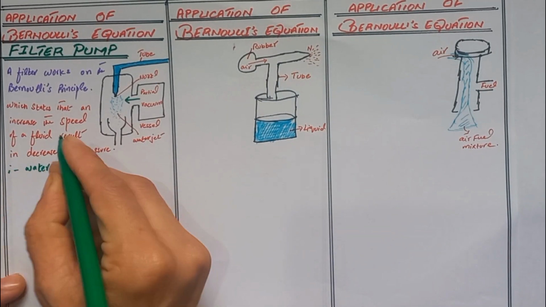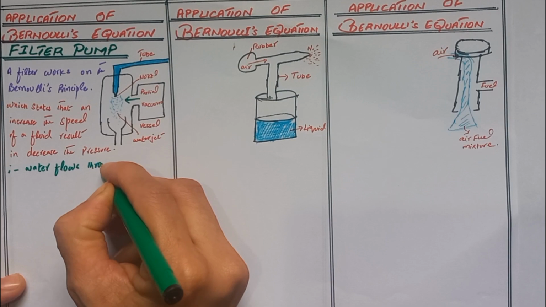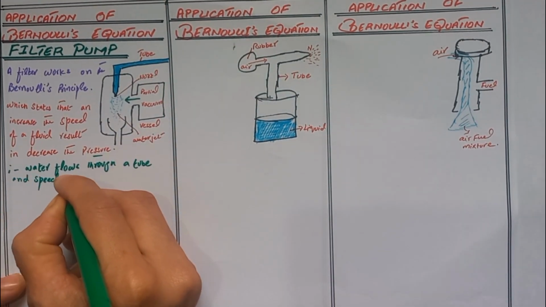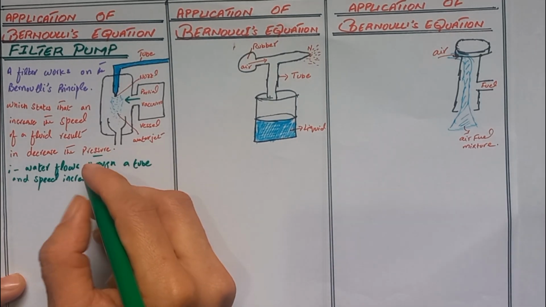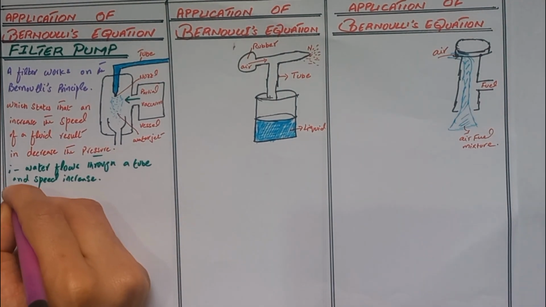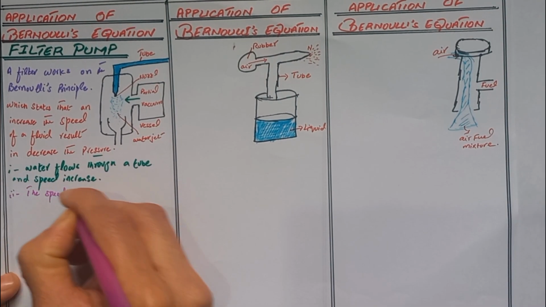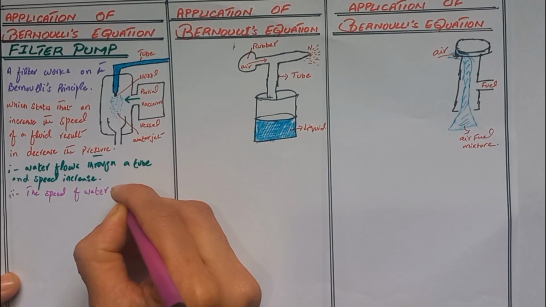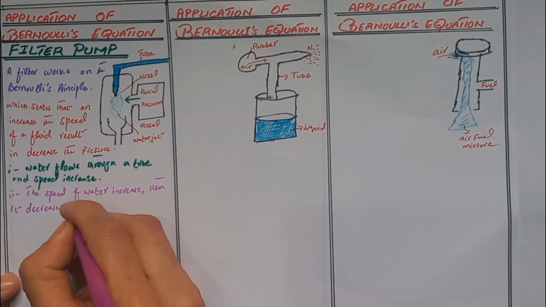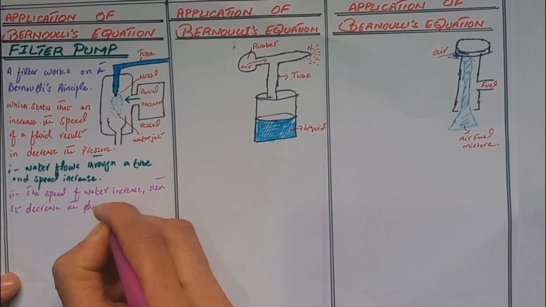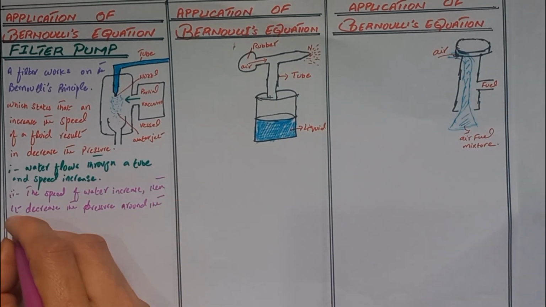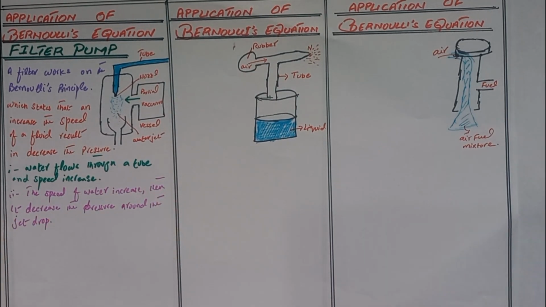Water flows through a tube and its speed increases. When the speed of the water increases, the pressure around the jet drops.